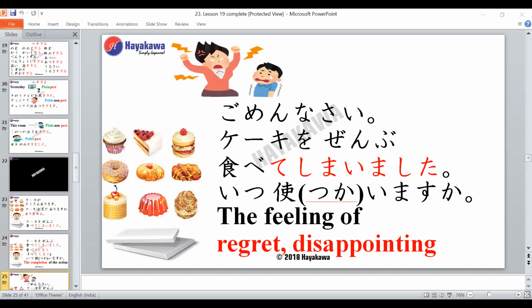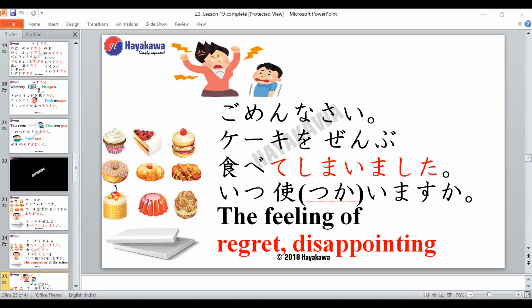For example, you're saying gomenasai, right? Because your mom, okasan, is angry. So you say gomenasai. Keiki o zenbu tabete shimaimashita. I ate up all the cake. Now when are we using this phrase? When we're sorry, right?